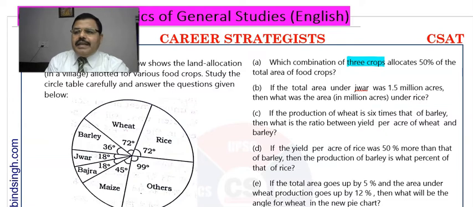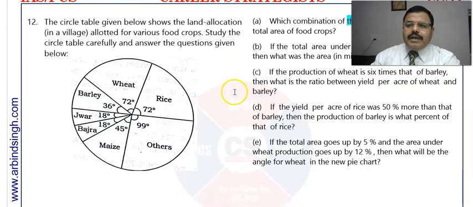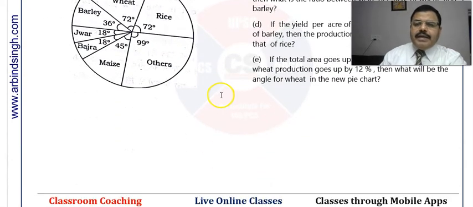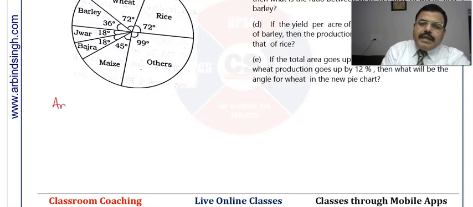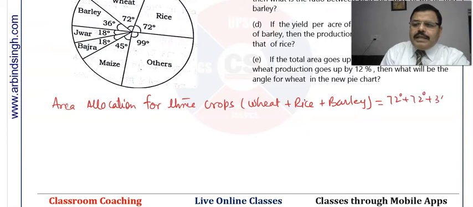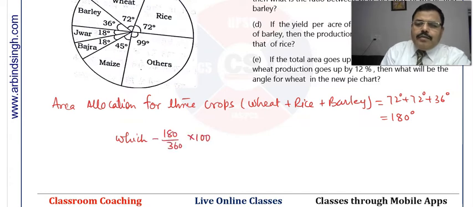So here we can write the answer like this. Since the area allocation for 3 crops, that is wheat plus rice plus barley, is 72 degrees, 72 degrees and 36 degrees, that is 180 degrees, which is 180 upon 360 multiplied by 100, which equals 50% of the total area of allocation.